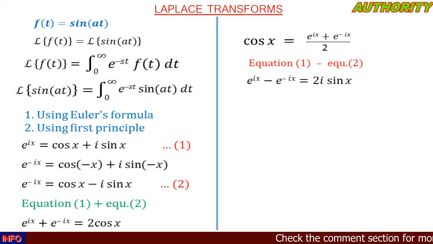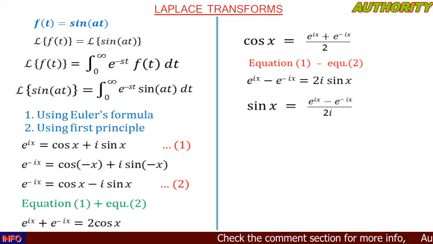Let's make sine x the subject by dividing both sides by 2i. We get sine x is equal to e raised to the power of ix minus e raised to the power of minus ix, all over 2i.